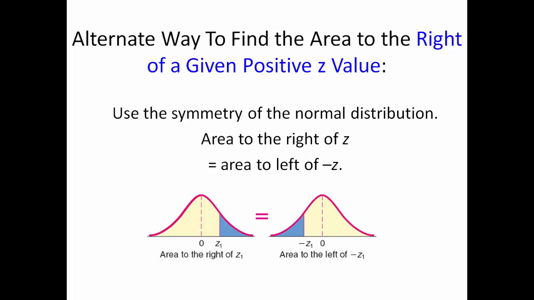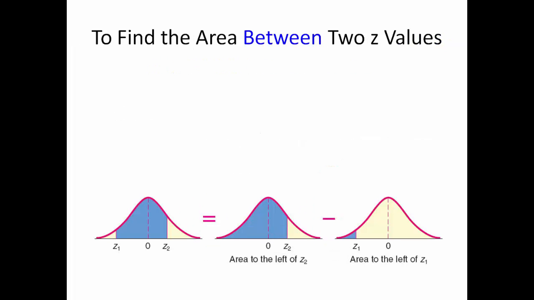Because it is symmetric, if I want to find the area to the right of any z value, all I have to do is look up the negative of that value. To find the area to the right of a negative z value, I will look up the positive of that z value.